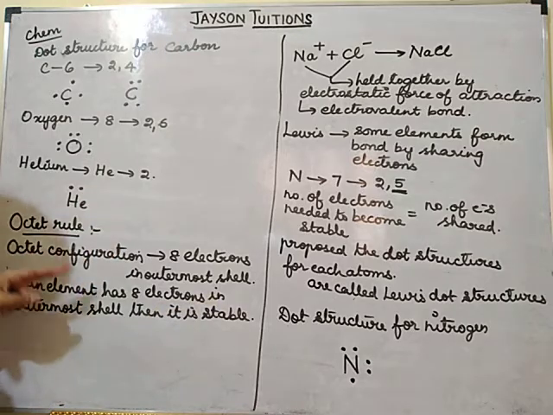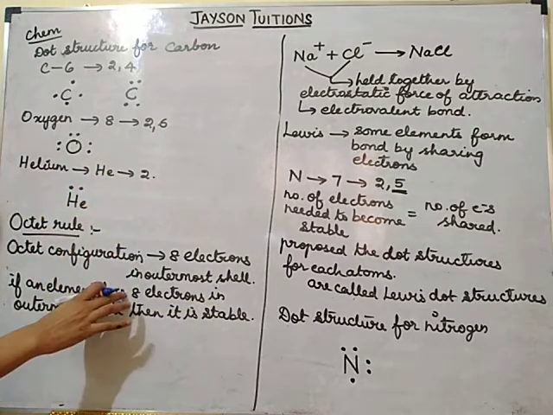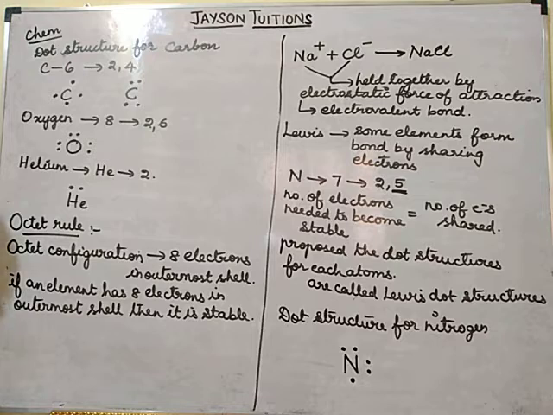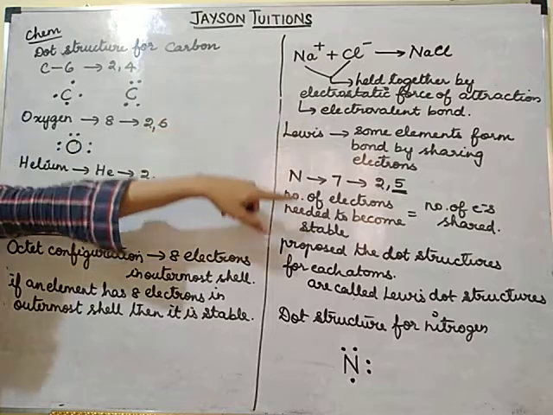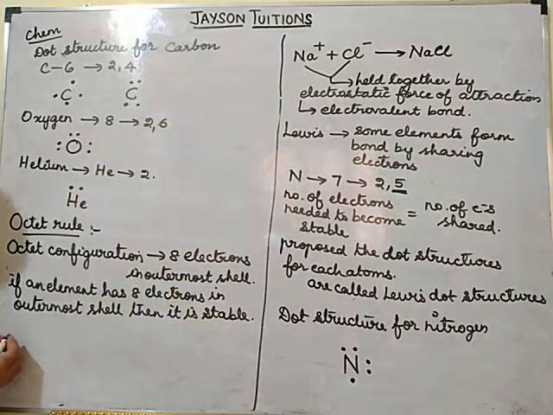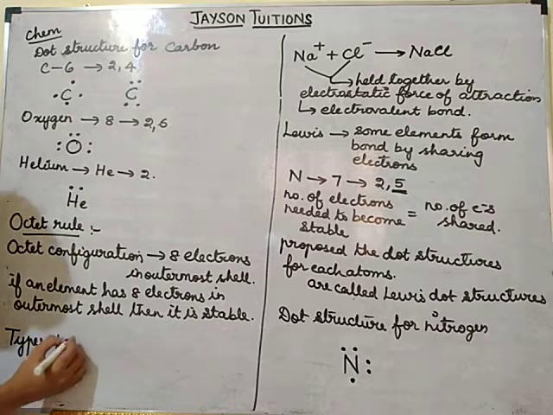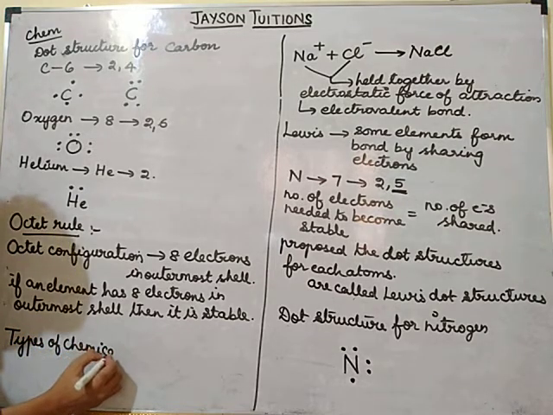Whereas in the other shells, if you have 8 electrons, it is more stable. So an atom will lose an electron, gain an electron, or share an electron to get the octet configuration. Understood what is the octet rule? What is Kossel's approach, Lewis approach? Yes. Next we will start with the types of chemical bond.